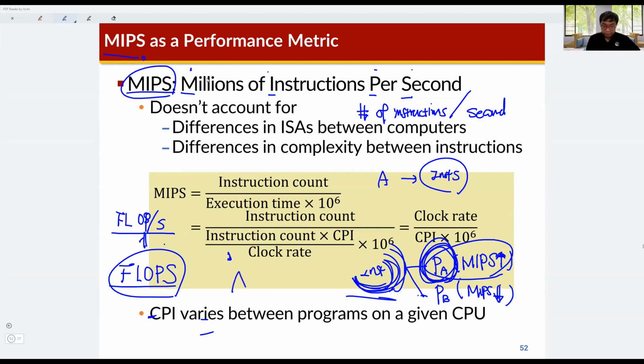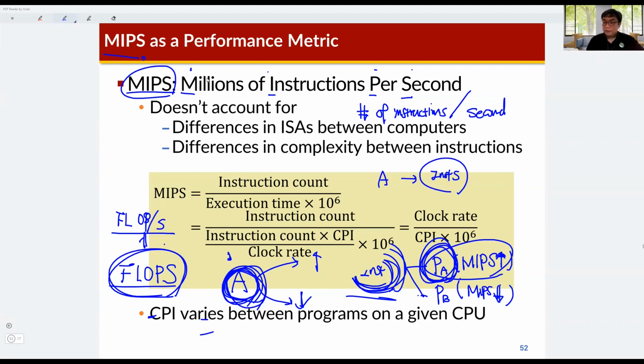If this is the same application, then with a different compiler, it may generate a larger number of floating point instructions, or it may generate fewer floating point instructions. So in this case, we cannot measure the performance with FLOPS.